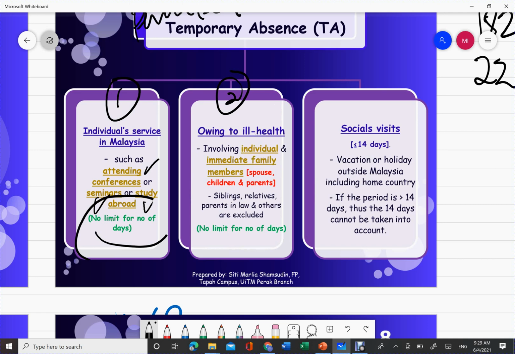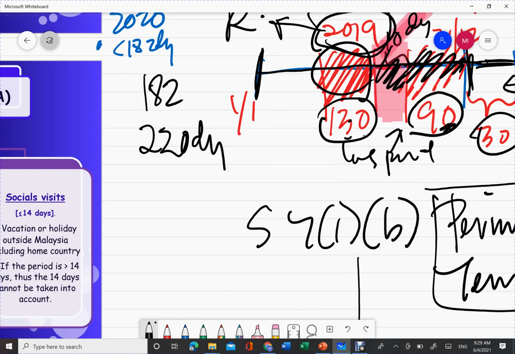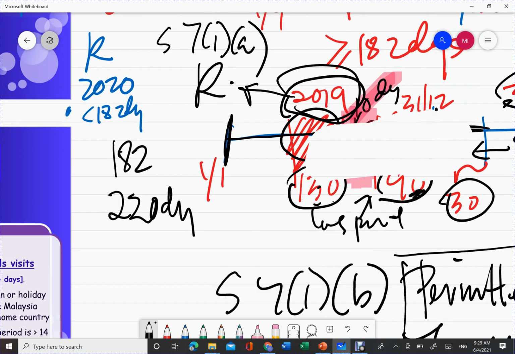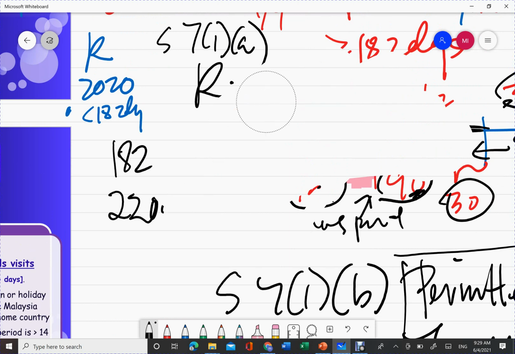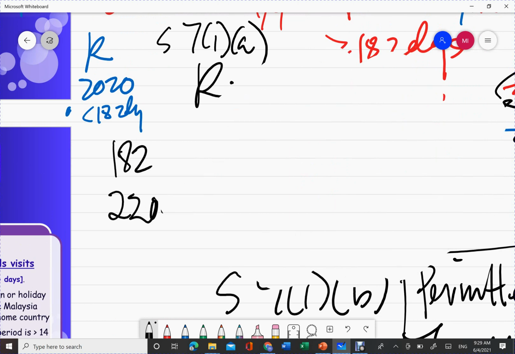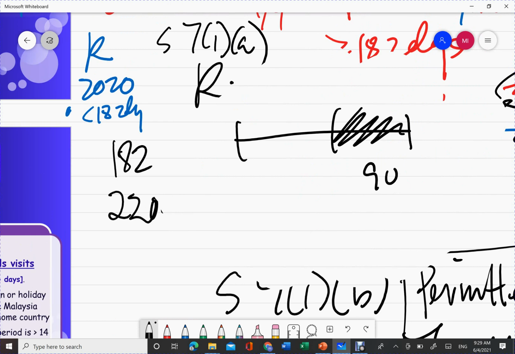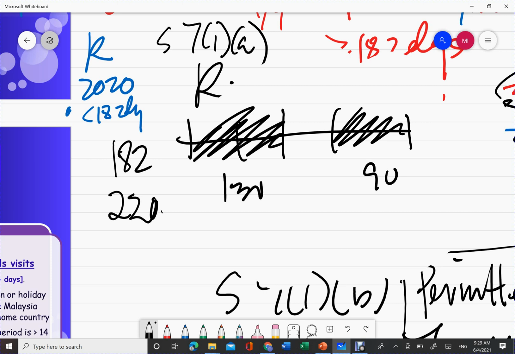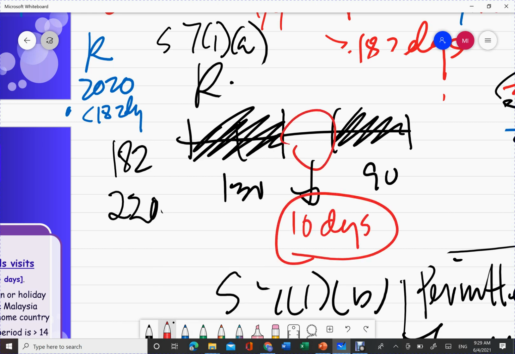So let's say tadi yang example kita refer tu, yang 10 days that he was not in Malaysia tu, it looks so messy here. Okay, tadi kan I've given you some sort of timeline where kat sini dia ada for 90 days, lepas tu dia ada for 130 days, ada an amount of 10 hari kan, 10 days yang he was not in Malaysia.